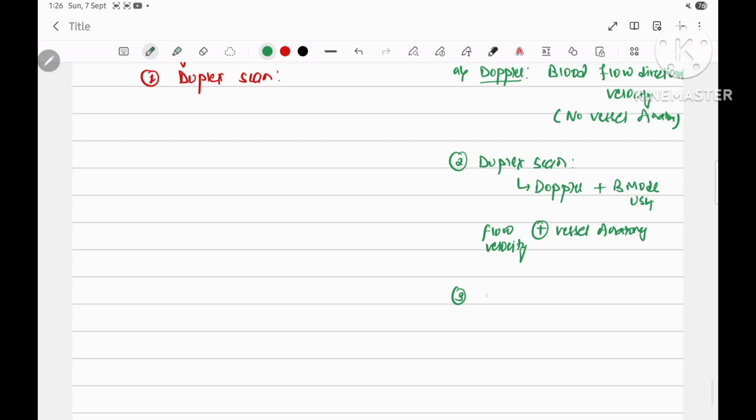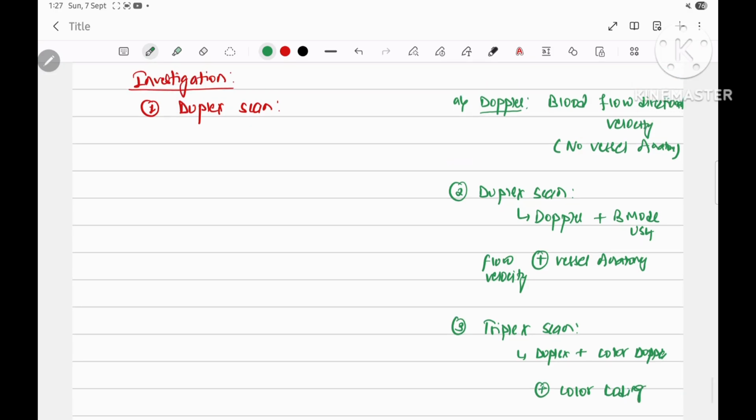There is also a name called triplex scan. In triplex scan, there is the duplex scan plus color Doppler. So what does it mean? That we can see the color coding also in case of triplex scan. The first one is Doppler, where we can see only the blood flow direction and velocity.